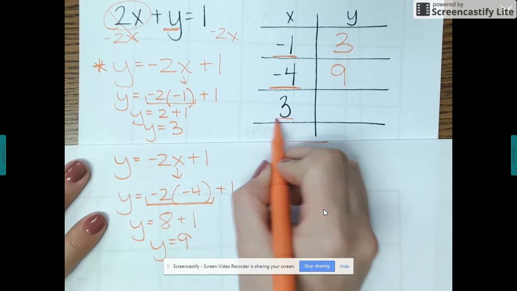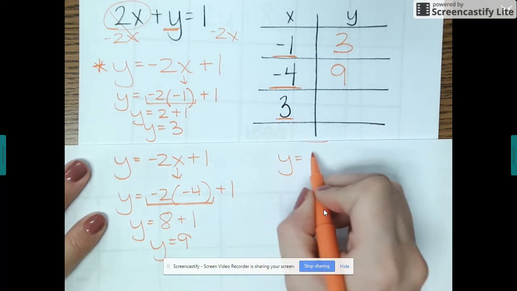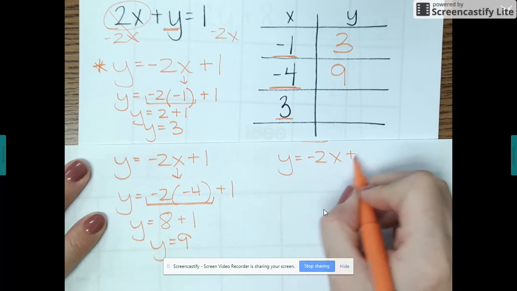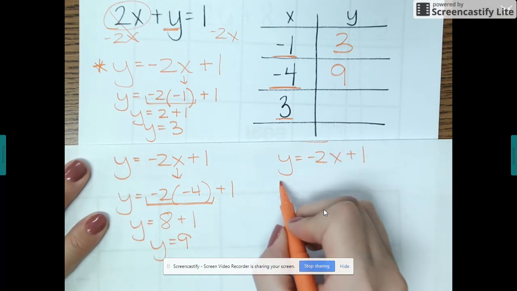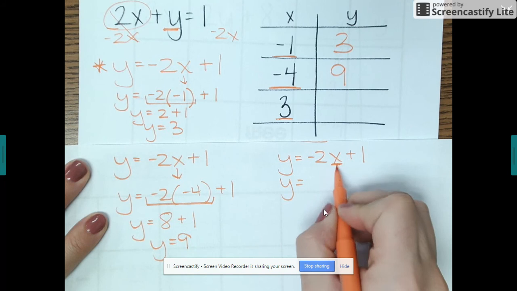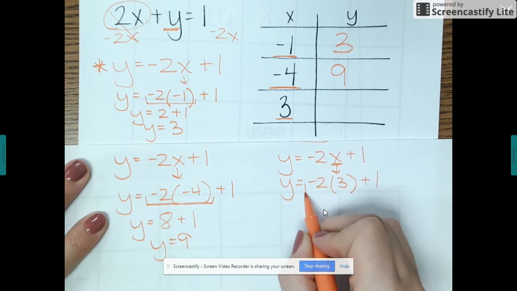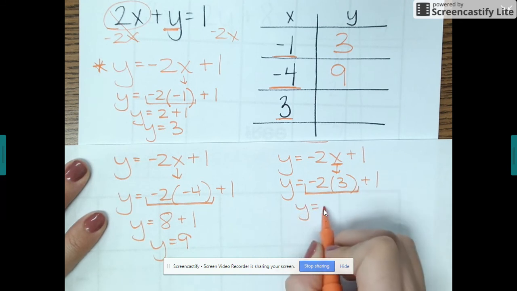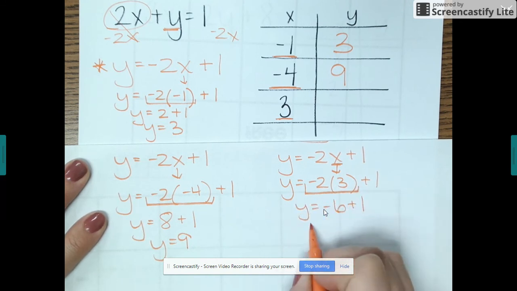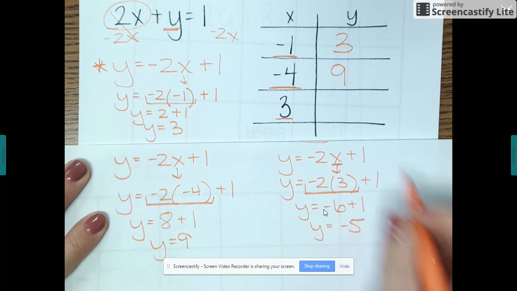And the last one is for x equals 3. Every time I see that x, I'm plugging in a 3. Negative 2 times 3, negative 6 plus 1, negative 5.